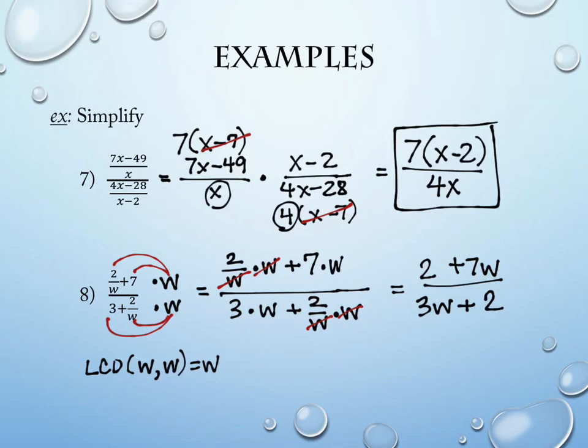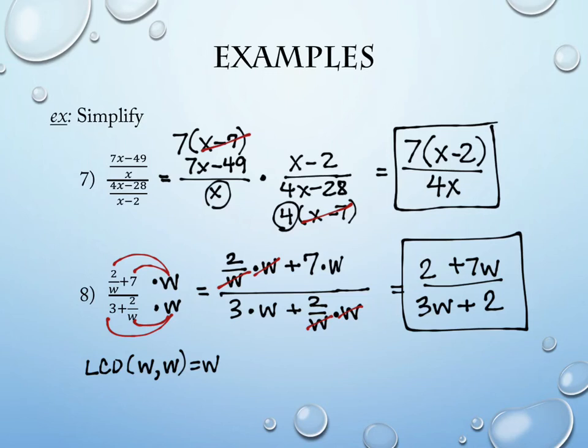Perfectly reasonable to leave it written this way. There's nothing I can factor out of every term. I can't even simplify within the numerator or the denominator by factoring those pieces individually. There's nothing else that can be done, and I would be stopped at that point.